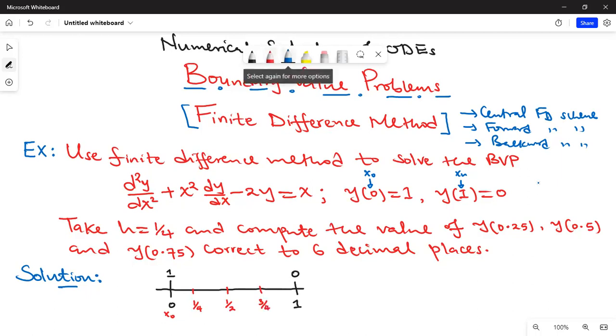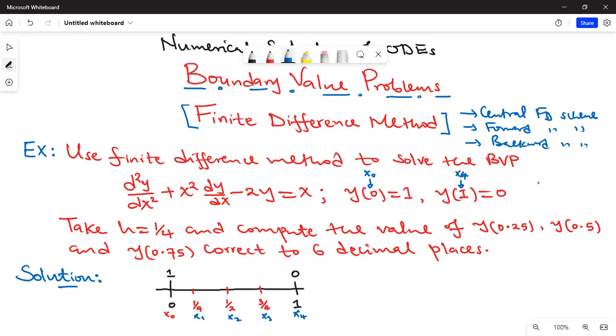So this is x naught, this will be x1, x2, x3, and this is x4. So our n in this case is 4, xn. So I can write here x4. It will depend on the interval h.